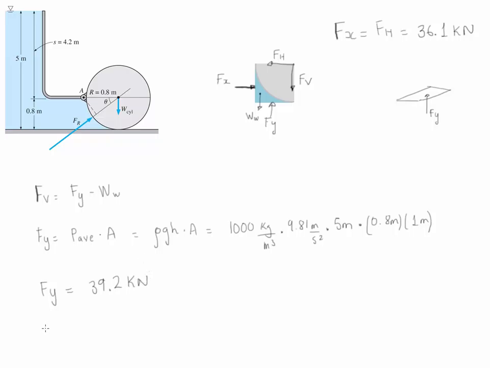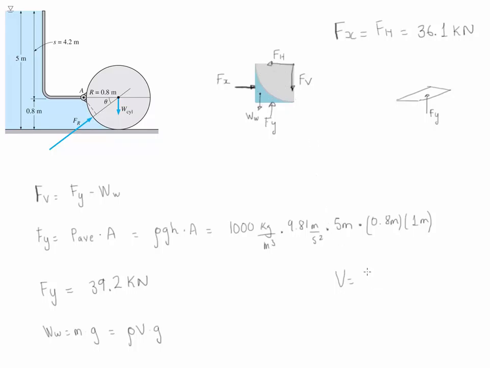To calculate the weight of the water, we simply take the mass times gravity. We do not know the mass, but we can calculate the volume using density times volume, and once again times gravity. To calculate the volume, we can simply see that this is a square minus a quarter of a circle.